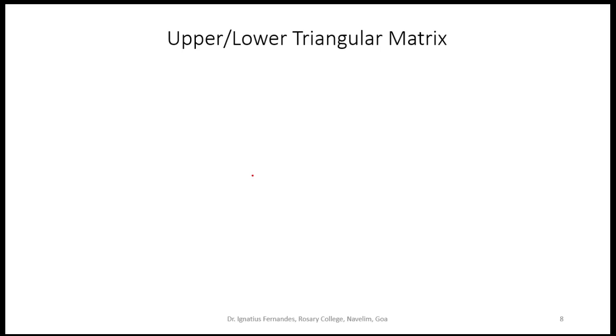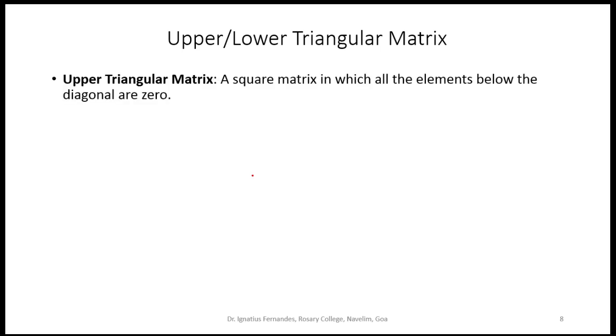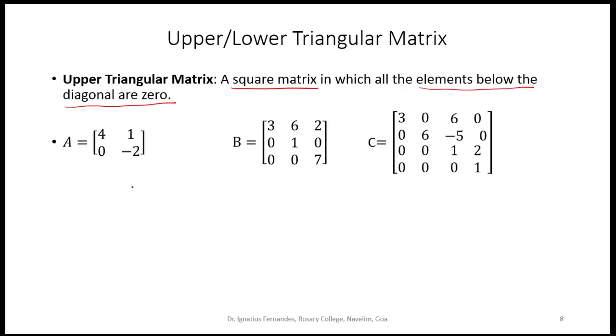Then we have upper and lower triangular matrices. An upper triangular matrix is a square matrix in which all the elements below the diagonal are 0. Let's say for example here, if you look at matrix A, the diagonal is here and the elements below the diagonal are 0.